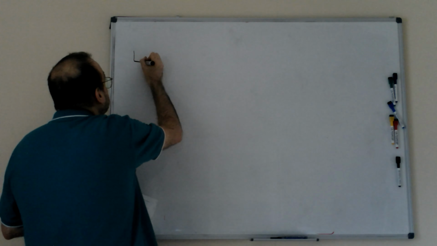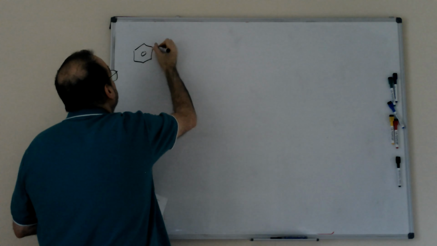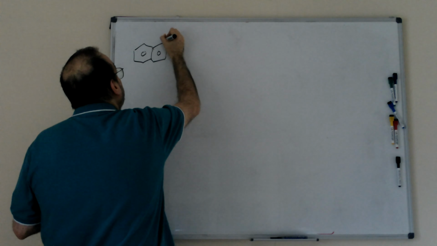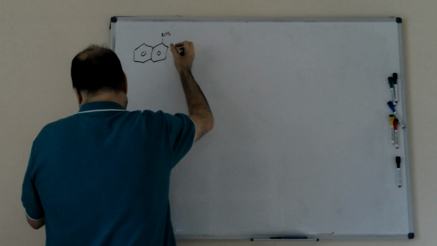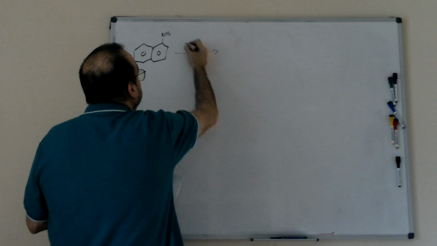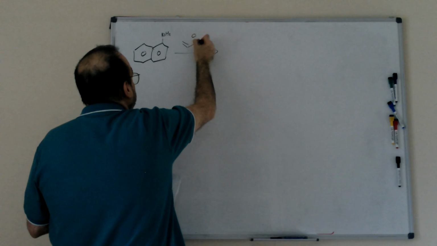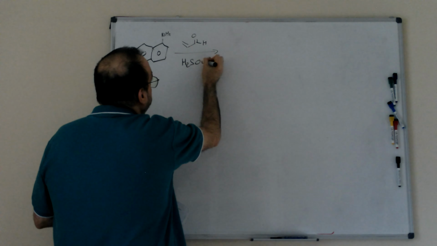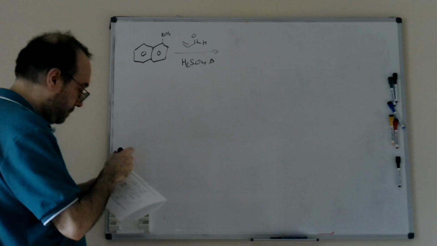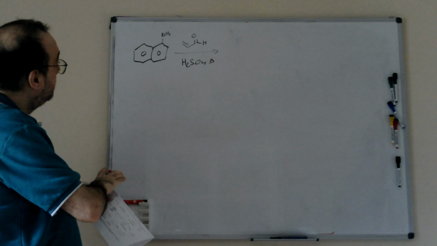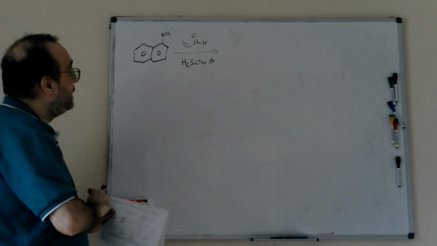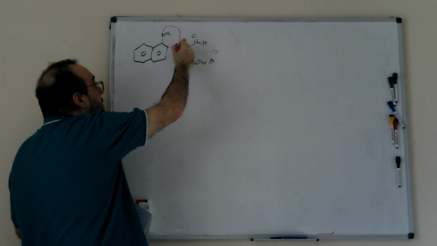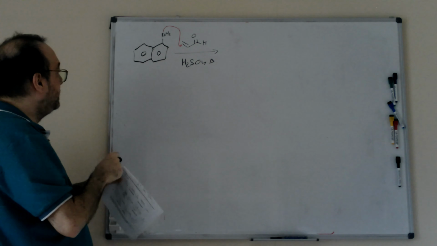We have this compound, and we add acrolein, sulfuric acid, heating. Okay, what is happening is basically a Michael addition. Here we generate this intermediate.